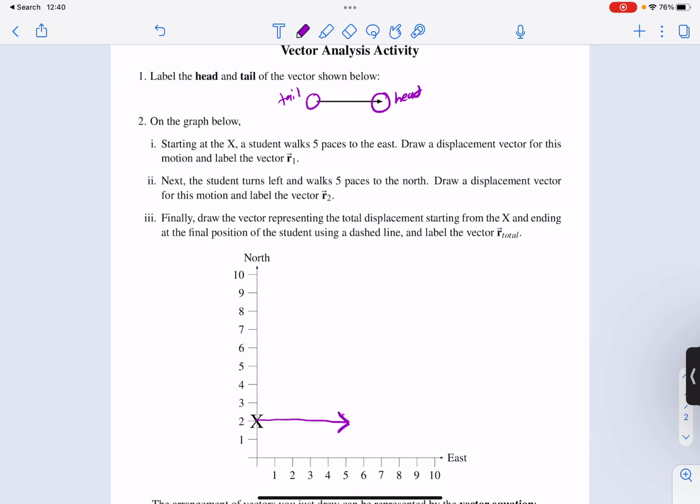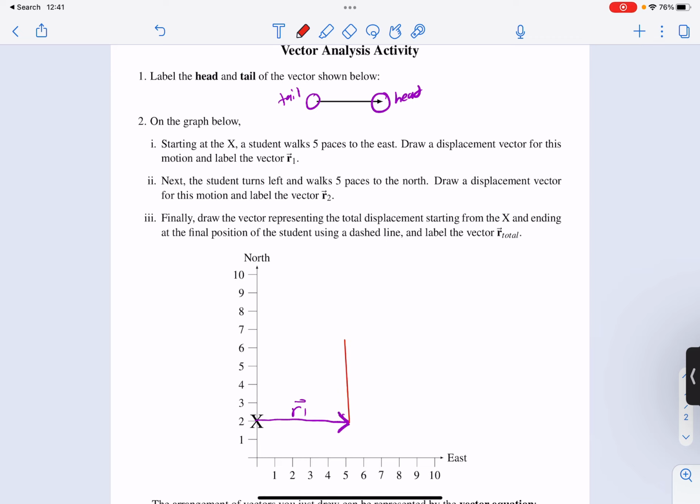Okay. Now, that would be vector R1. Now we're going to draw a second vector. So the student turns left and walks 5 paces north. Now, when we draw an addition of vectors, we moved 5 east. Now we're going to move 5 north. We're going to go from head to tail, and we're going to move 5 north.